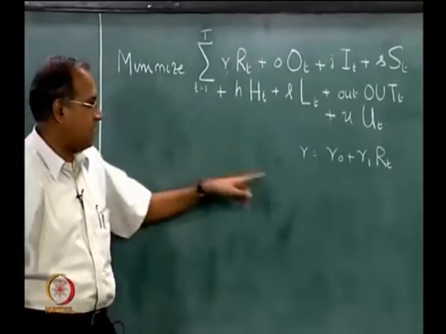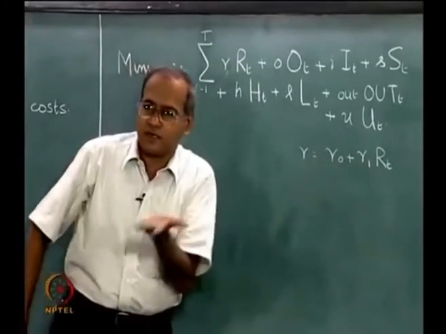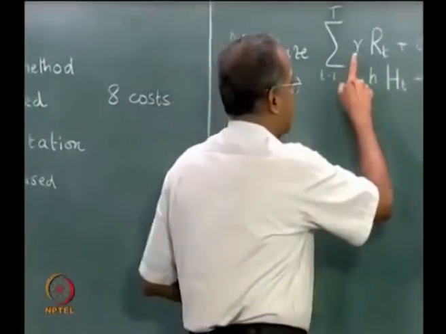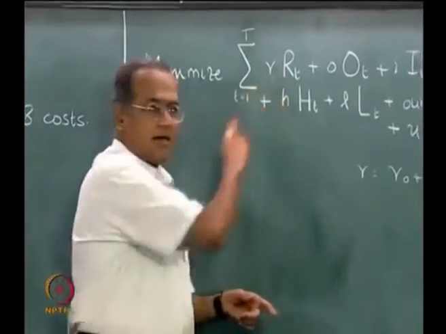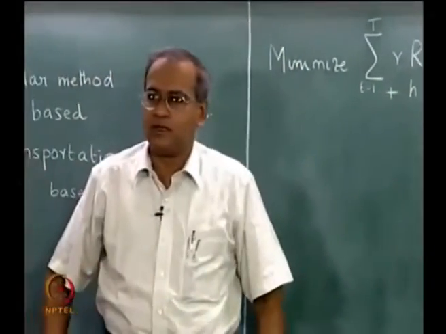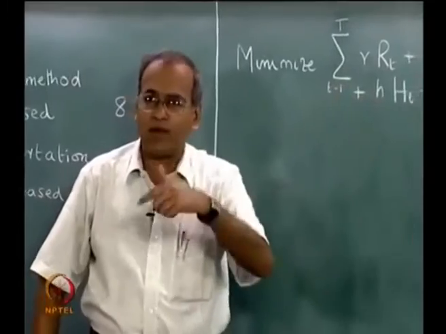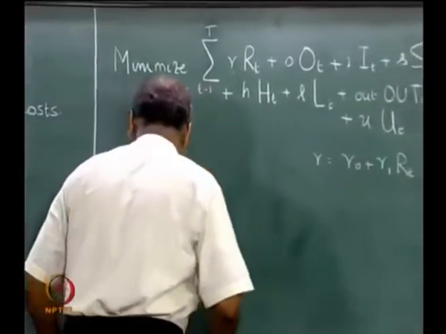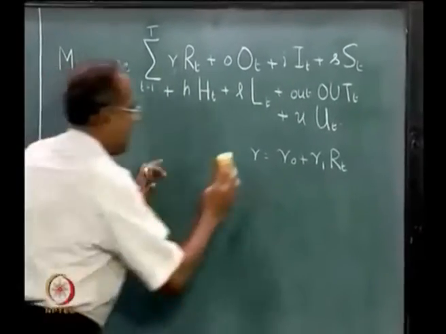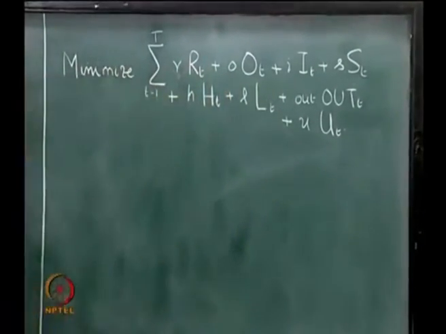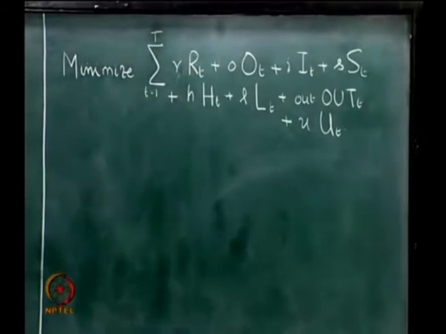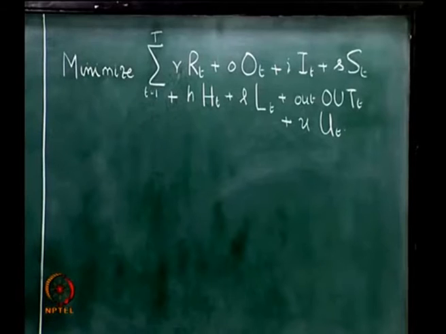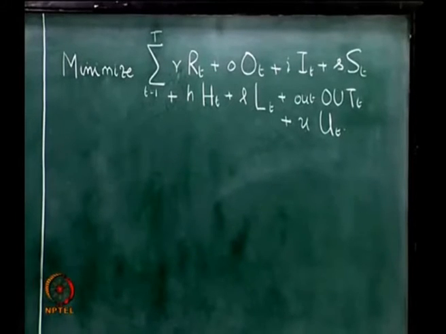So if we start defining this R itself as having a fixed component and a variable component, then this will become R0 plus R1 into R_t multiplied by R_t. So this will become quadratic in nature. So if each of these costs has a fixed component and a variable component, then the linearity assumption is questionable and we may have to use a model which is quadratic in nature.